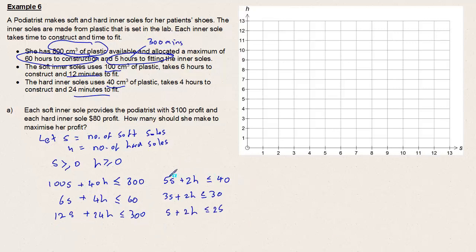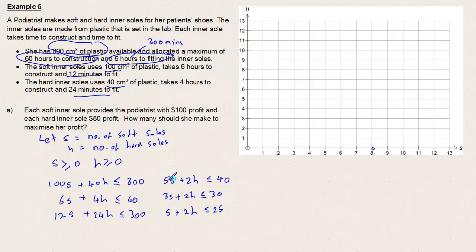So we need to plot the constraint lines. 5S plus 2H is 40. So if H was 0, S would be equal to 8. So that's going to be just here. If S is 0, H is 20, which is off the grid, so we need to use a different value. Let's take S is 4.